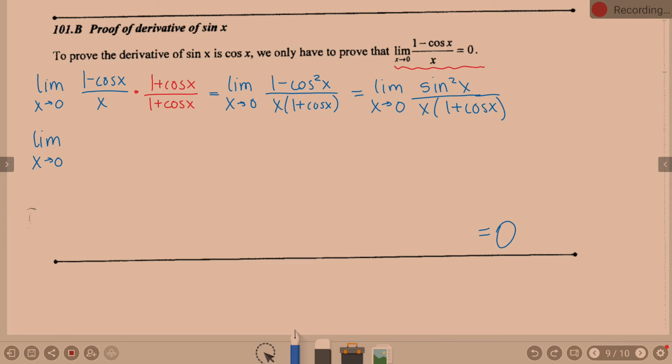Break it up: sine x over x times sine x over 1 plus cosine x. So we're going to take that one fraction and break it up into basically two fractions. A sine x over x times a sine x over 1 plus cosine x.